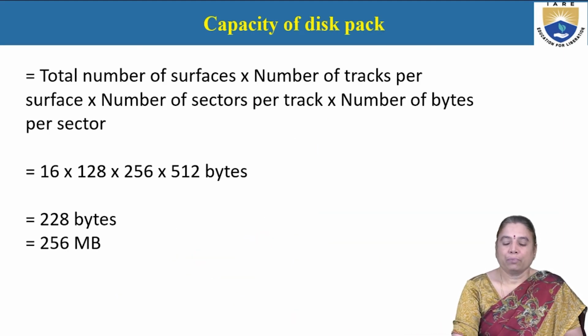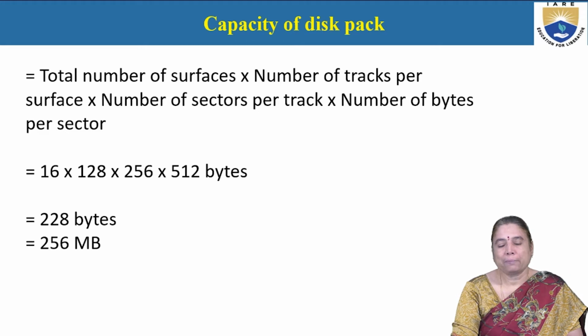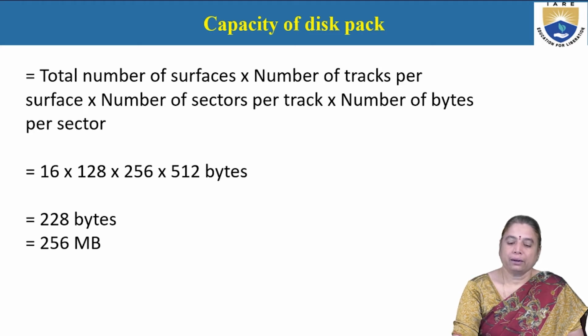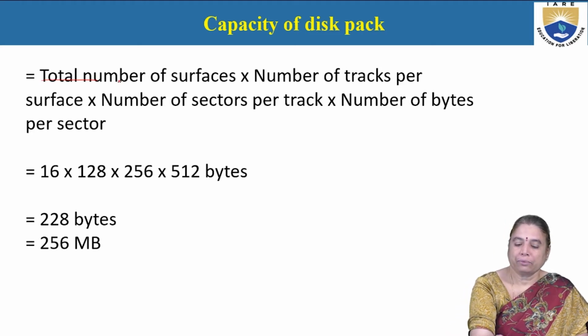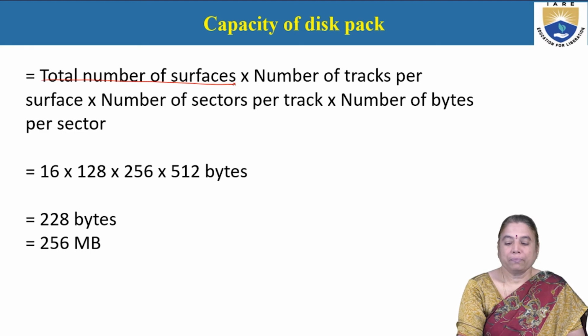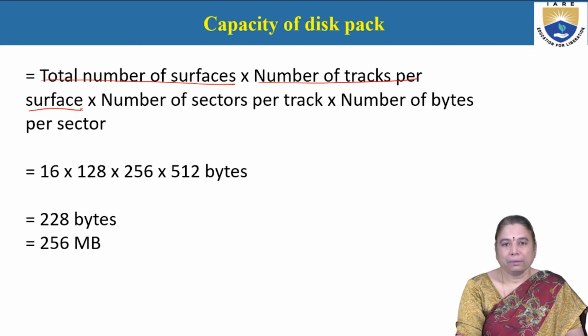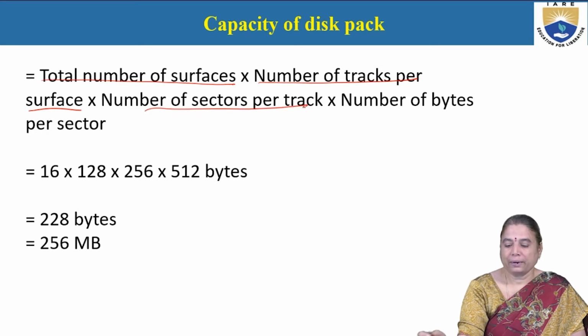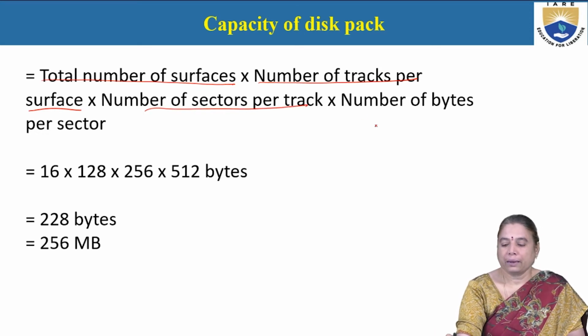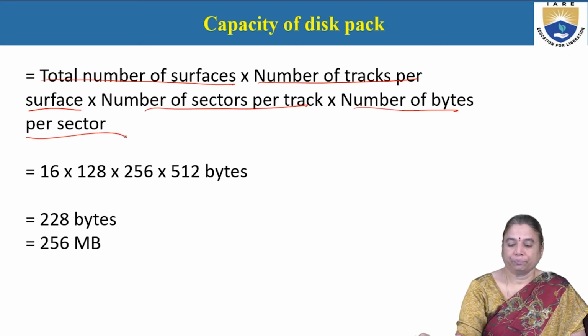The first problem is to find the capacity of the disk pack. The capacity of a disk pack can be calculated as total number of surfaces multiplied by number of tracks per surface multiplied by number of sectors per track multiplied by number of bytes per sector.